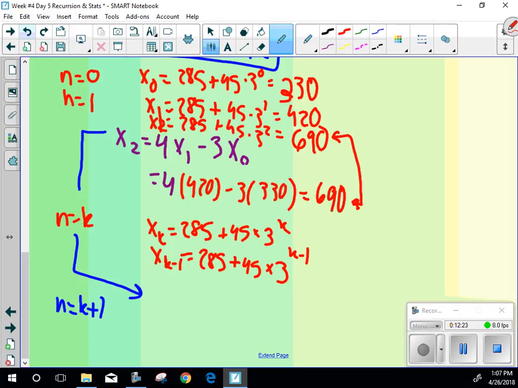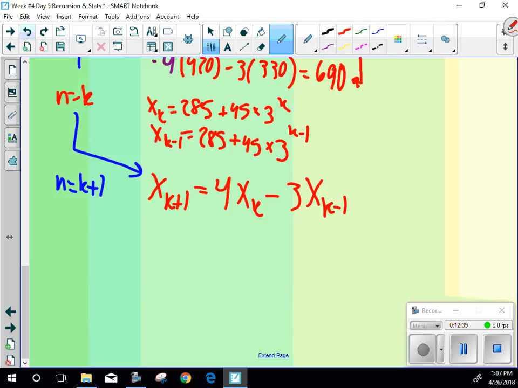That formula was x of k plus 1 is 4 times x of k minus 3 times x of k minus 1. Are we good with that?